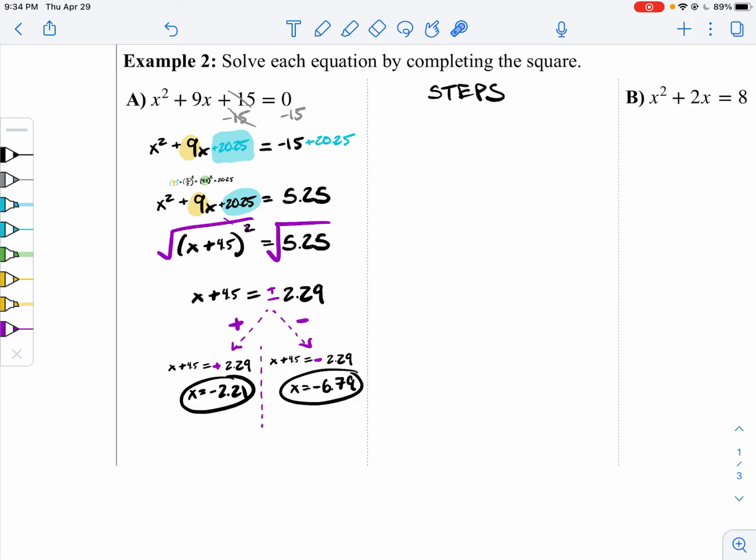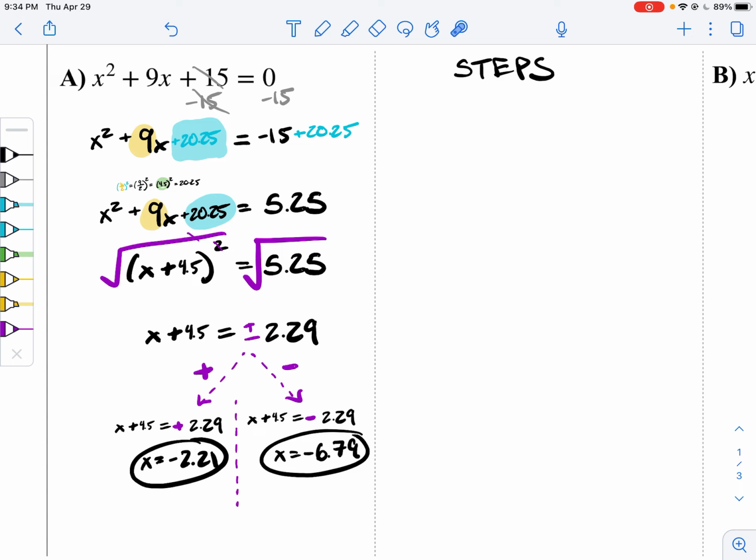Okay, that was cool. That was weird. That was abstract. What happened? Well, the first step, we needed to clear this out, setting up x squared plus bx with a space.